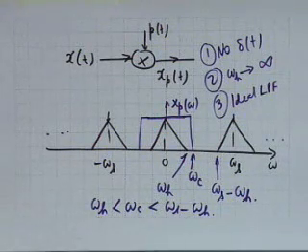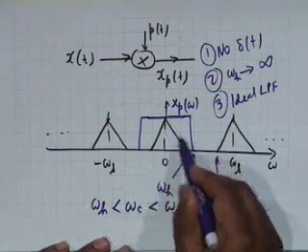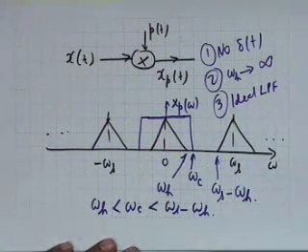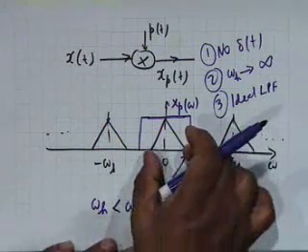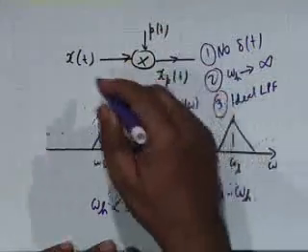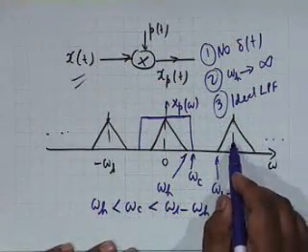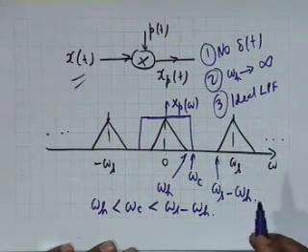And the distortion that one has to bother about is if the basic spectrum or the baseband spectrum, the spectrum around omega equal to 0, which is the spectrum of the original signal x of t, overlaps with the next repetition, then we shall have a very serious distortion, and this is called the aliasing distortion.